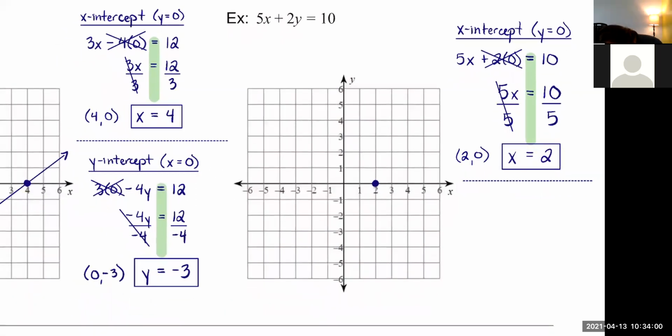Then last but not least, y-intercept. For that, x is going to be 0. I'm going to have 5 times 0 plus 2y equals 10. 5 times 0 is gone. I'm really just solving 2y equals 10.